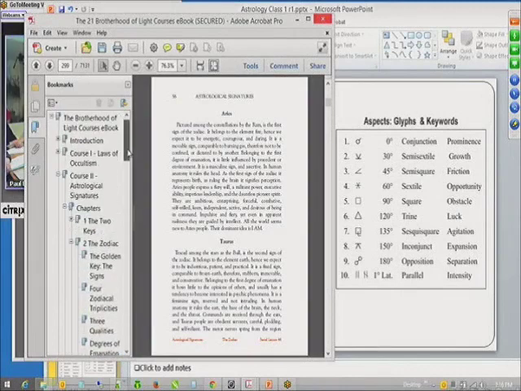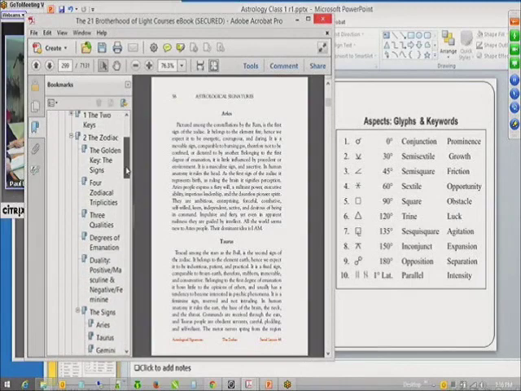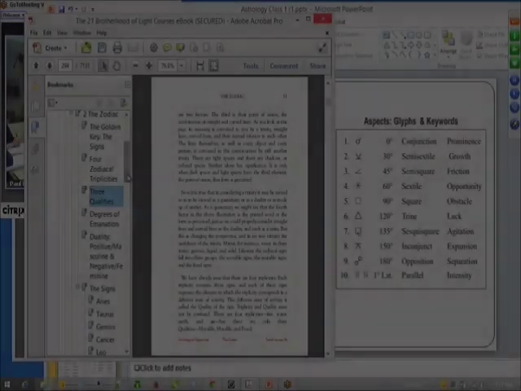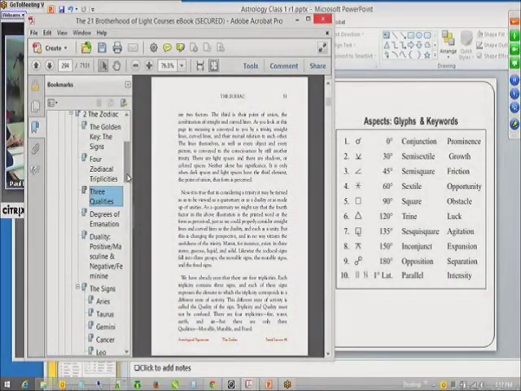In course 2, chapter 2, the Zodiac, it covers the four zodiacal triplicities, and he says three qualities, but what he means by those are the quadruplicities, which are the movable, mutable, and fixed. We say movable for cardinal; another word for it is cardinal signs.